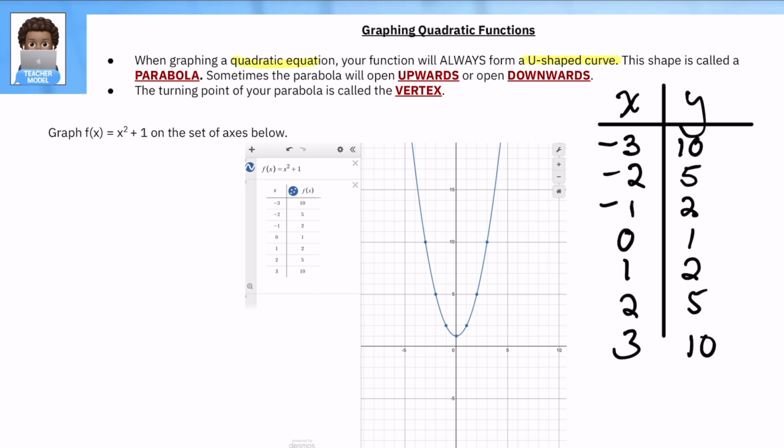Okay, other things I want to look for. I want to identify that turning point on the graph. We do notice that that would be our lowest point, at this very point, which is 0, 1. So I'm going to identify that right here. This is my vertex.